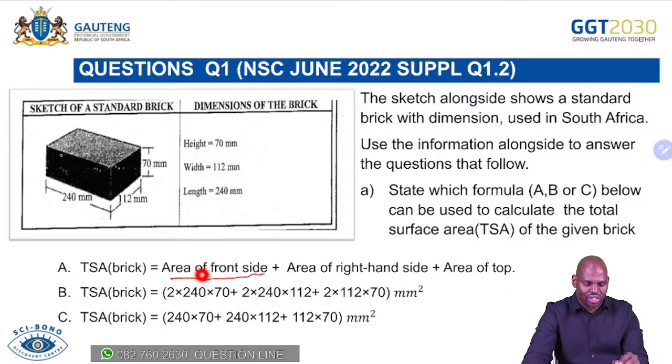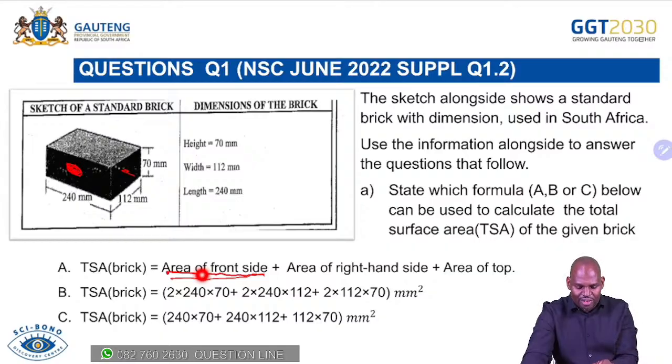If we look at this one, this is a rectangle. That one is also a rectangle. The one on the other side is also a rectangle. So we have 6 faces in total. So we have to check. In this case, the first option is area of front face, plus area of right hand side, plus area of top.